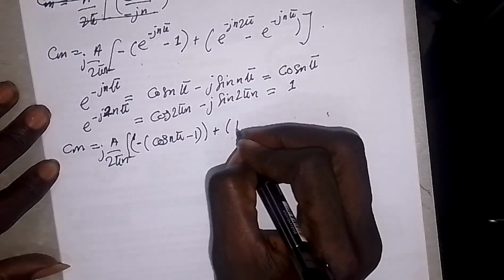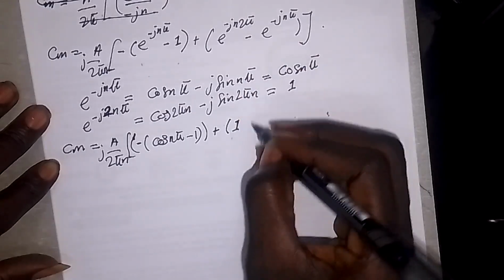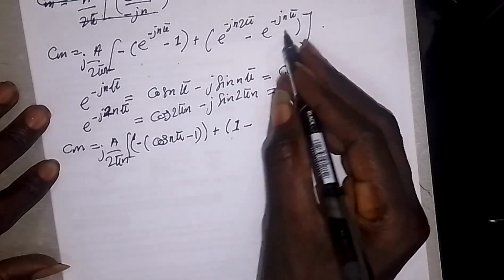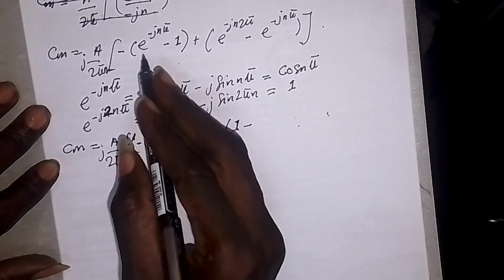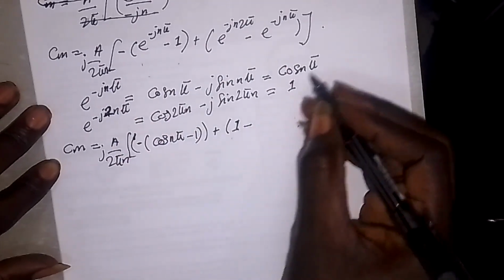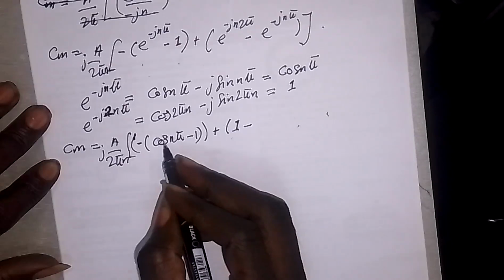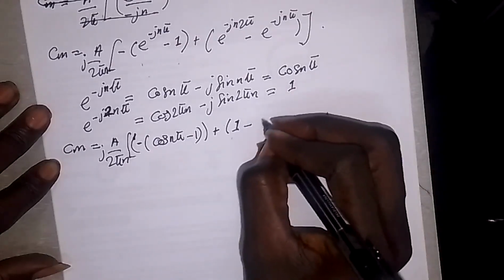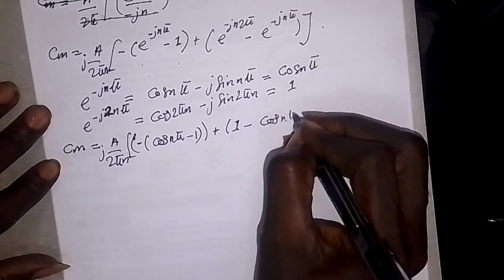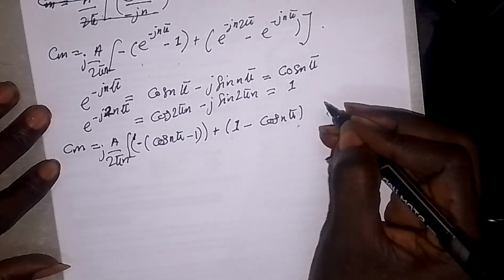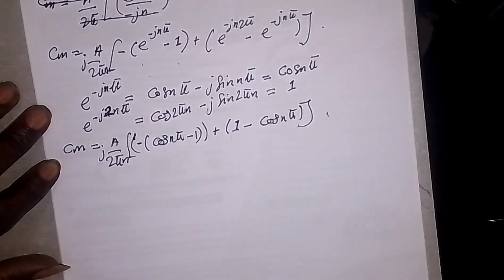Now what I can also do here is have this one to be 1, minus, which is the same thing as this one, cos n pi. Sorry, this one is cos n pi, because here is cos n pi. Minus cos n pi. So now from here, I can just close it.